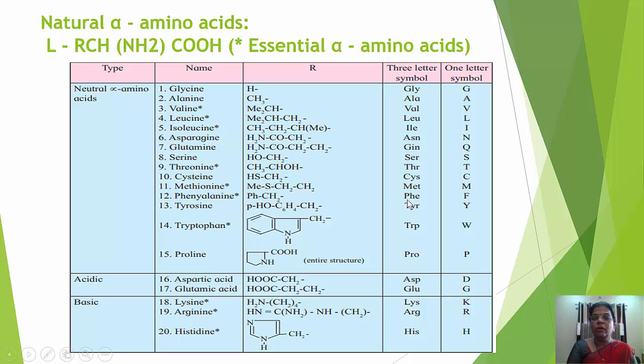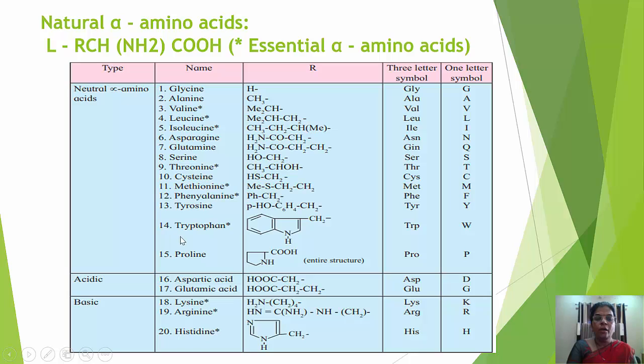Here the 3-letter symbol is PHE and the 1-letter symbol is F. Then number 13, tyrosine. The alkyl group in tyrosine is para-OH C6H4CH2. The 3-letter symbol is TYR and the 1-letter symbol is Y.